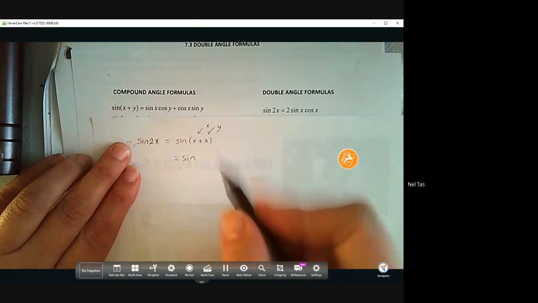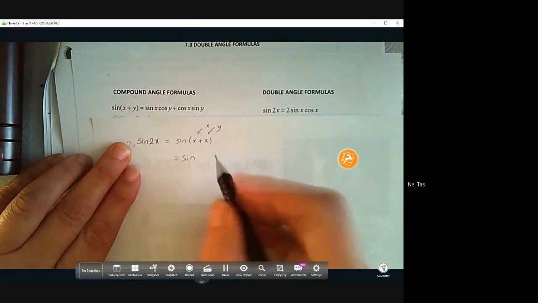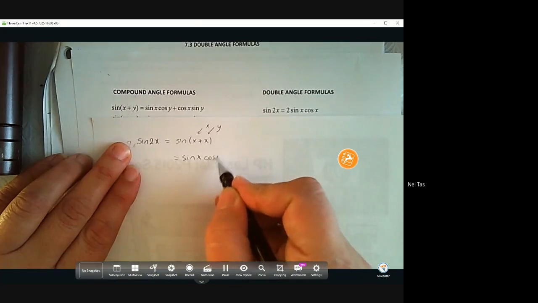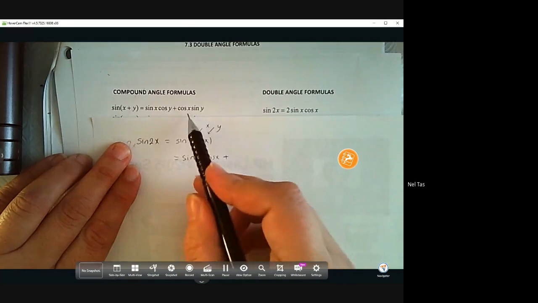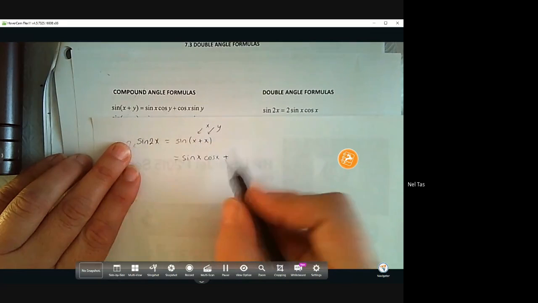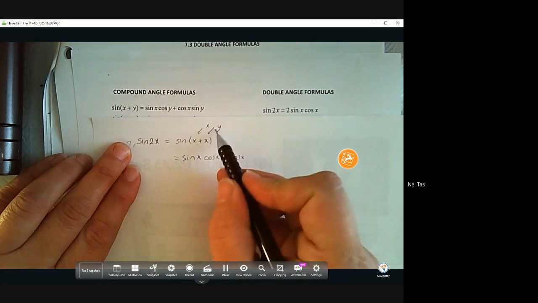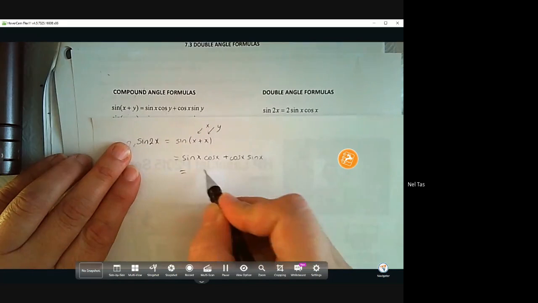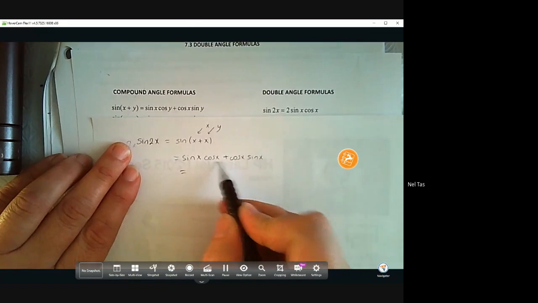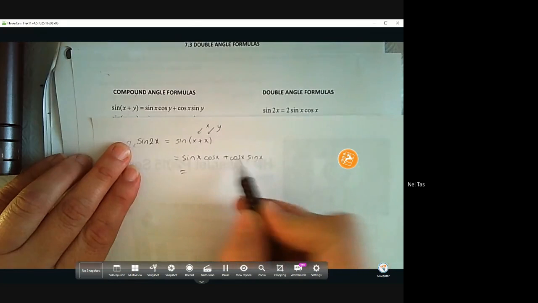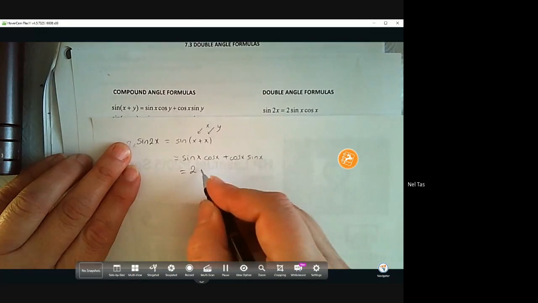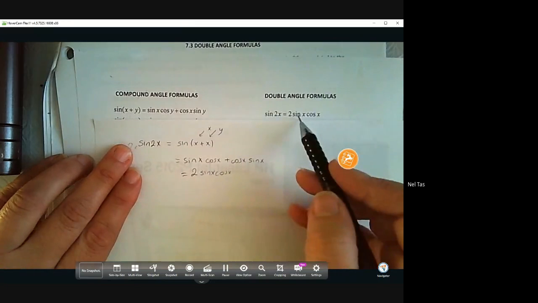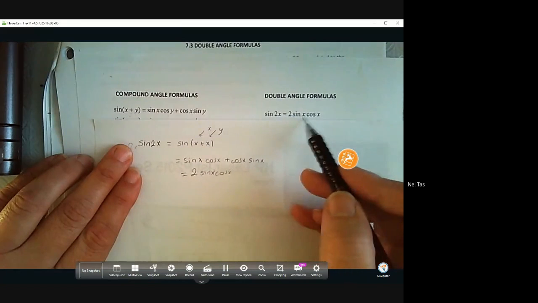Then you get sine x cos y, but your y is also x, so cos x, plus cos x, and then your y is another x, so sine x. So basically you get sine x cos x plus cos x sine x. These are the same things, so you get 2 sine x cos x. This is what you have for the sine 2x formula.